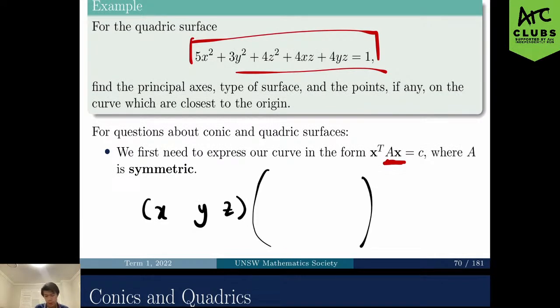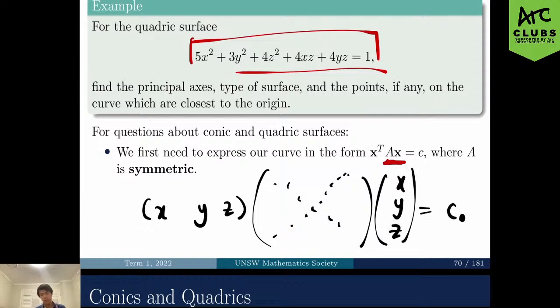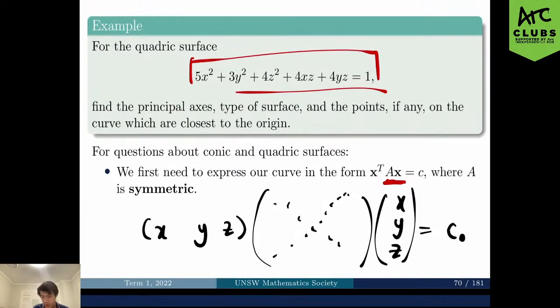Then we do some matrix A, and then we do some vector x. So we've looked at this quadric and we've said we don't like these terms, so we're going to try to break it down. In this case, we've tried to express our curve in this form, x^T A x = c.